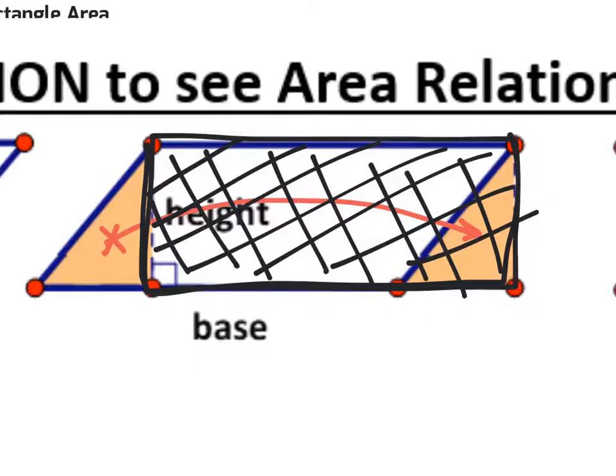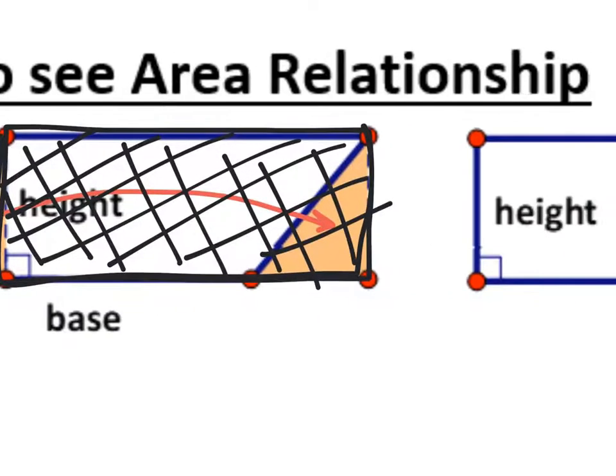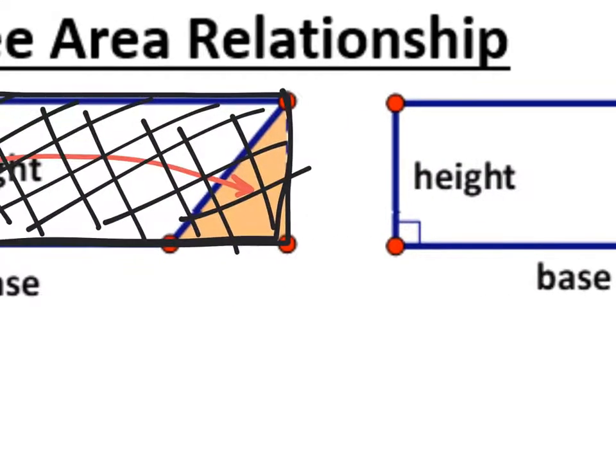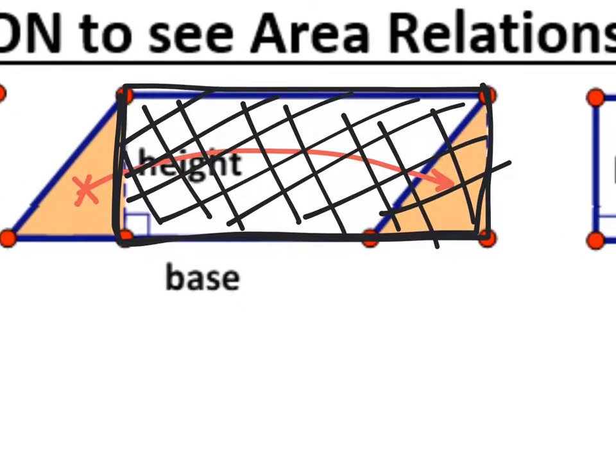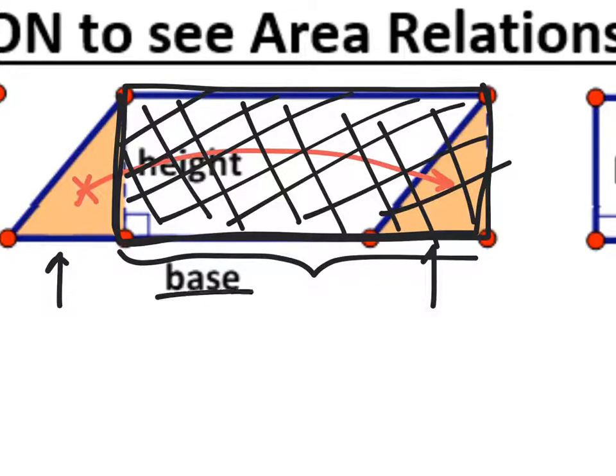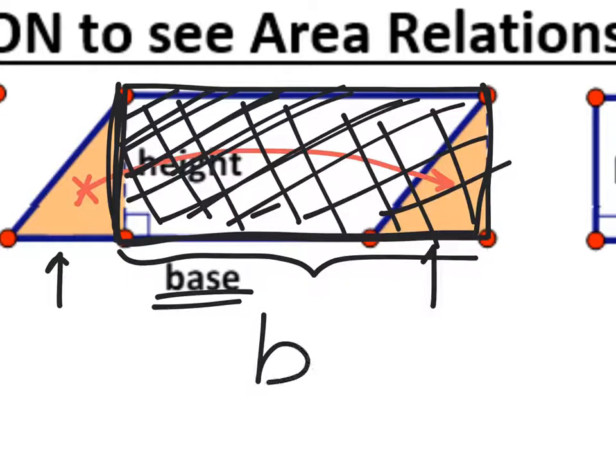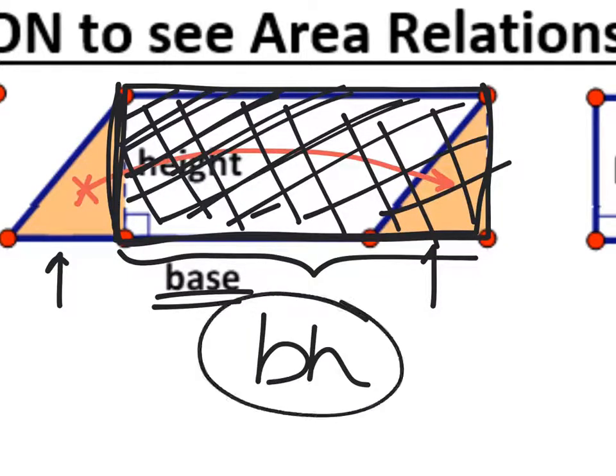Now, how does the rectangle work compared to the original parallelogram? It's very cool, the base didn't change, did it? The piece that we took from here got added here, so the same base. And the height is unchanged. And so we know how to find the area of a rectangle. It's just base times height. And so guess what?